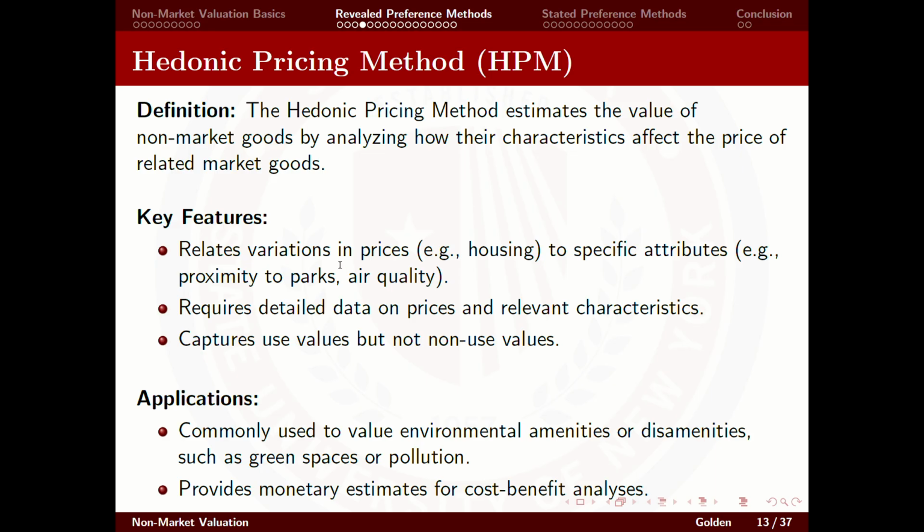So a good example is, how do housing prices vary with proximity to parks and air quality? It usually requires detailed data on prices and relative characteristics so that you can understand how there's differentiation in environmental quality that you can use to see the effect on price.